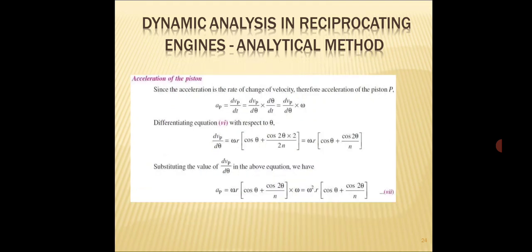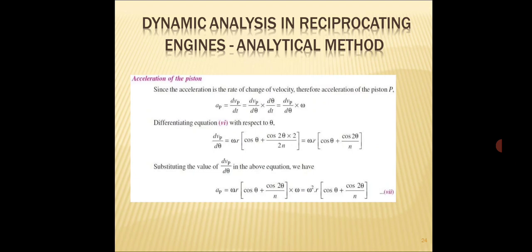Next one is the acceleration of the piston. Likewise, like the velocity of the piston, we have to derive the equation of acceleration of the piston. So here ap equals dvp divided by dt. So you have to differentiate the velocity of the piston equation. So dvp divided by dt equals dvp by d theta into d theta divided by dt.